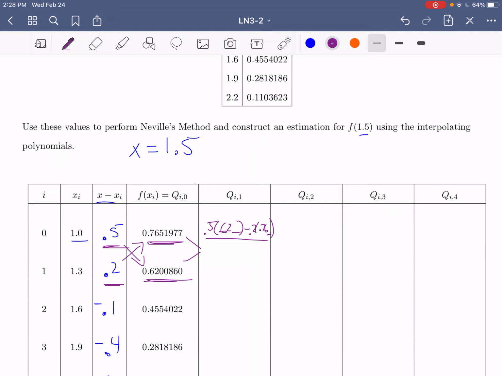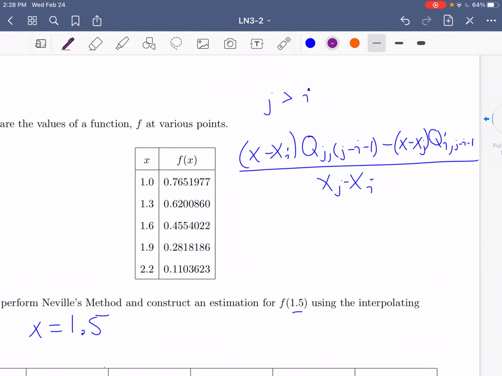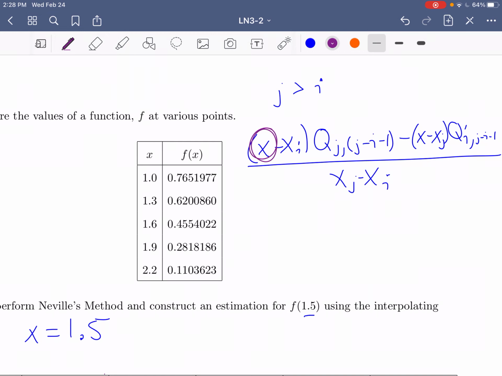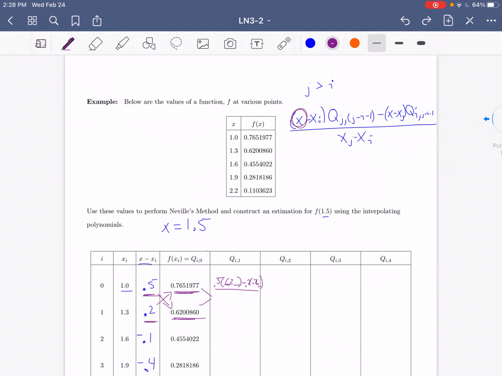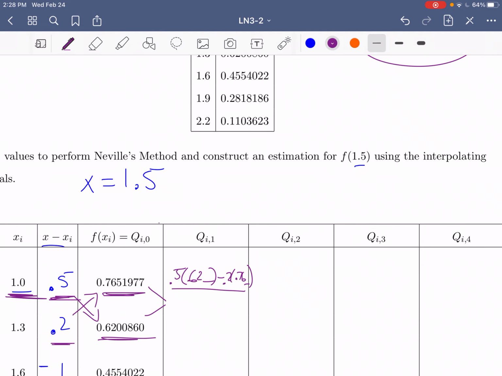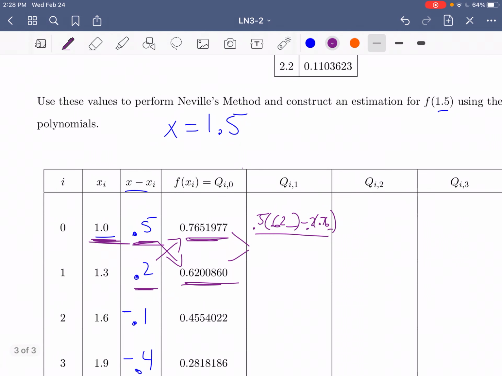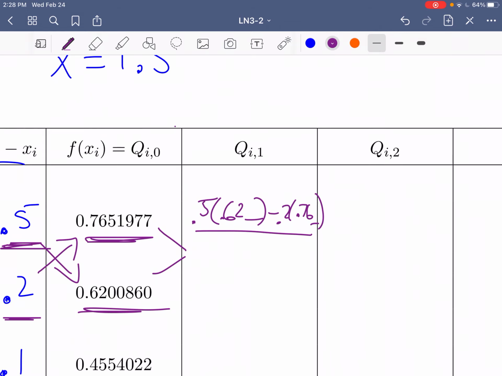And what does that get divided by? All right, so this is where we're using Neville's method. This is where we have that 1.5 minus the x sub i for the first x sub i, that's why we use 1.5. And then we have the next row down. But all that's divided by x sub j minus x sub i. In this case, our x sub j is 1.3, x sub i is 1.0, and so that difference is 0.3.